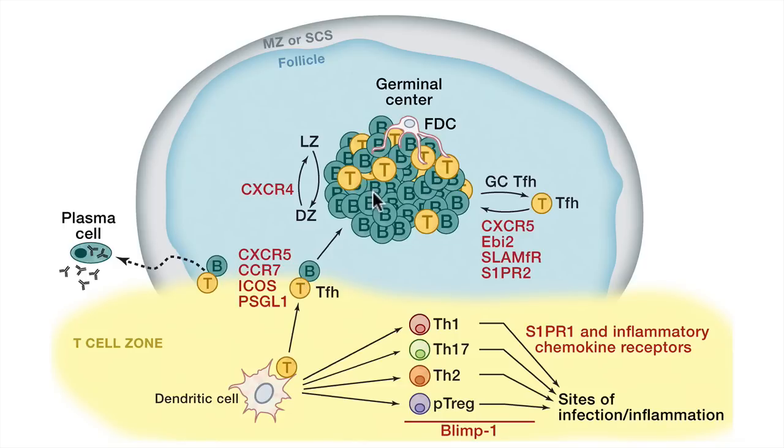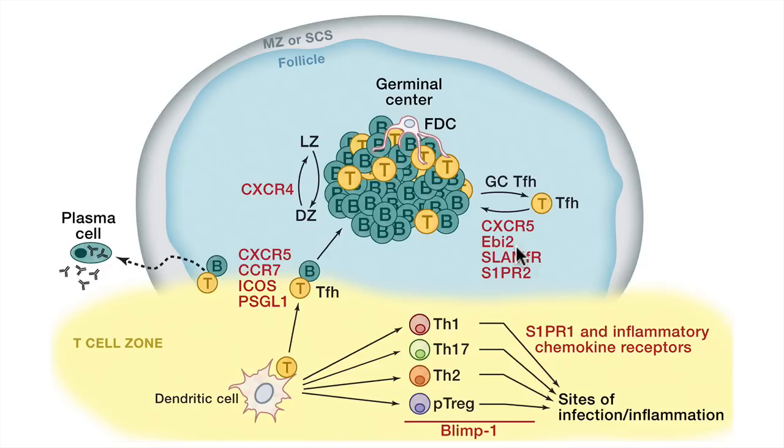As the cells further differentiate, the TFH cells actually acquire even higher levels of CXCR5 and will modulate CXCR4, SLAM family receptors, S1P receptors, and perhaps most specifically for germinal center location, TFH cells need to downregulate the receptor EBI2.